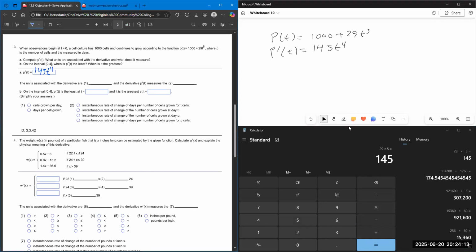And we're given constraints that t stays between 0 and 4. What units are associated with the derivative? Cells grown per day, and the derivative measures the instantaneous rate of change of the number of cells grown at day t.